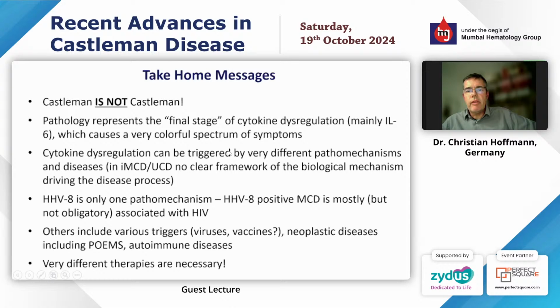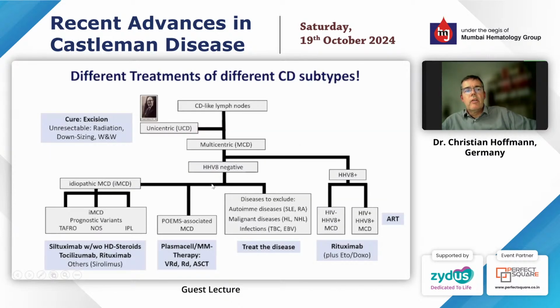HHV8 is only one pathomechanism. HHV8-positive MCD is mostly associated with HIV. We have other various triggers: viruses, vaccines, neoplastic diseases such as POEMS disease, autoimmune diseases, and very different therapies are necessary.